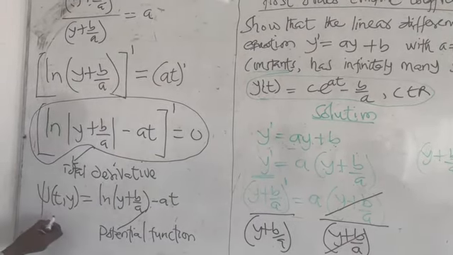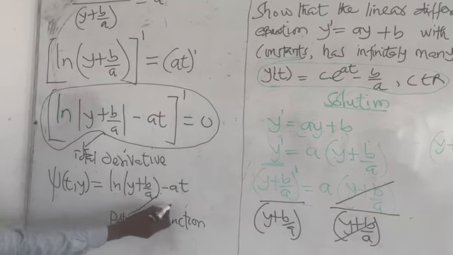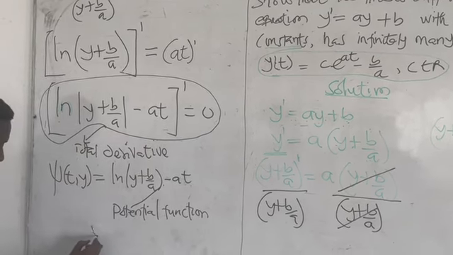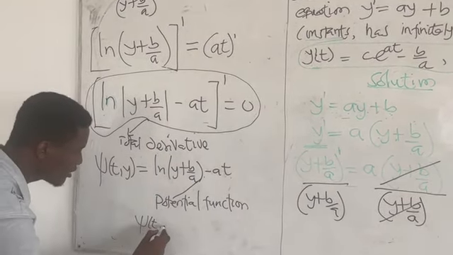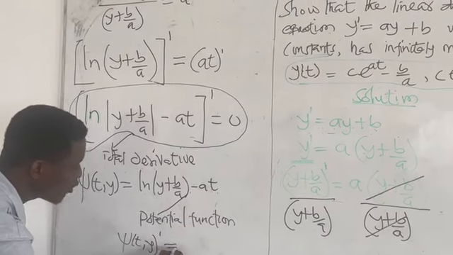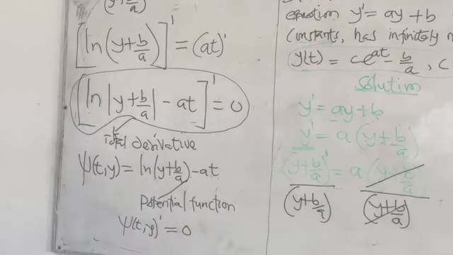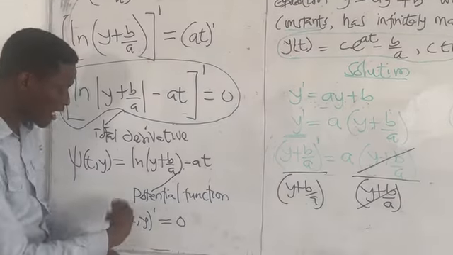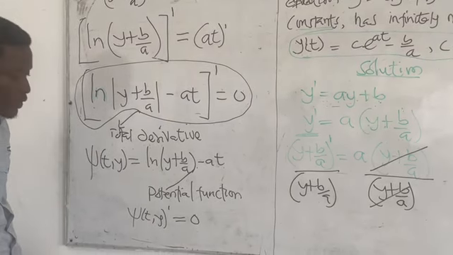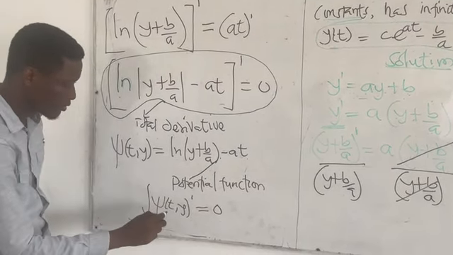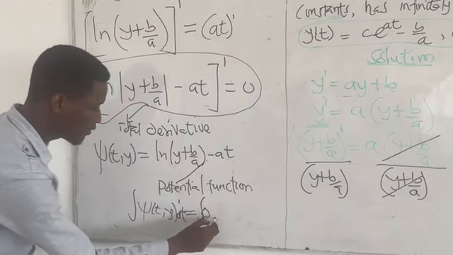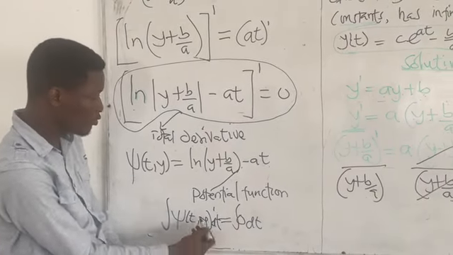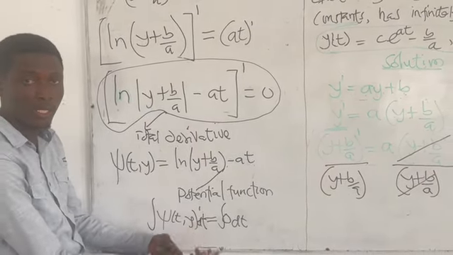So from here, since the psi is the same as the expression inside this one, we can rewrite this as the derivative of psi of t, y equal to 0. I want to get rid of the psi. What must we do? We must apply integration. So we will integrate both sides with respect to t, because of the derivative, we want to integrate both sides to get rid of the derivative.